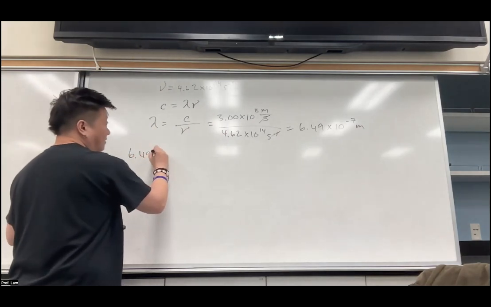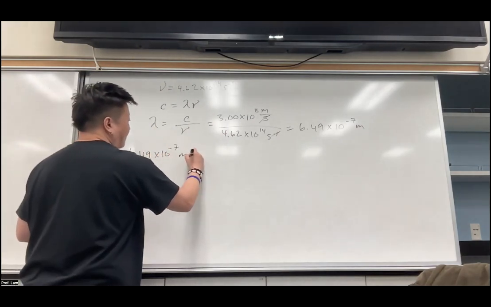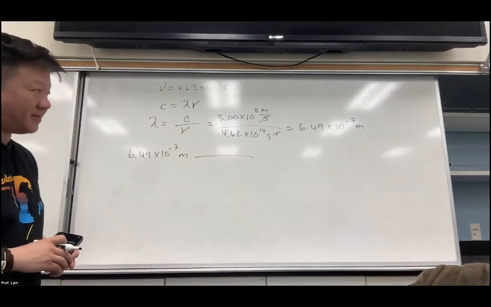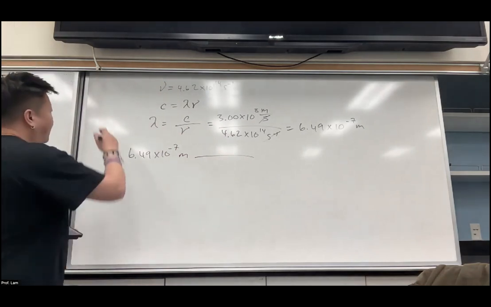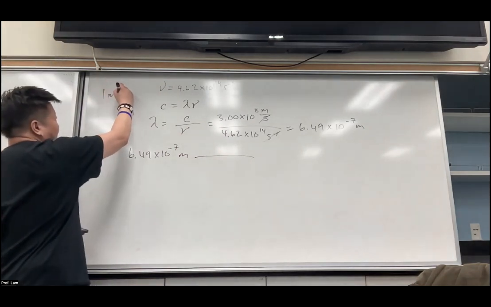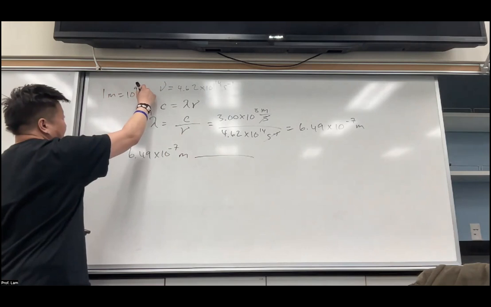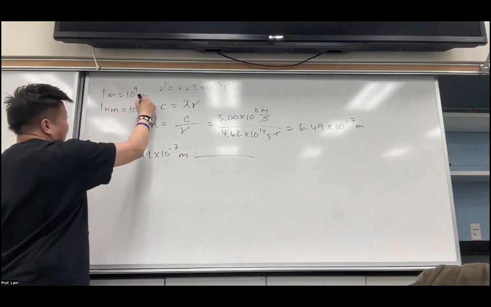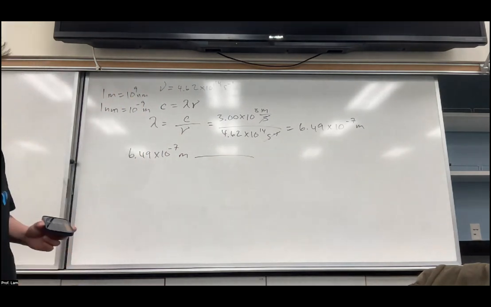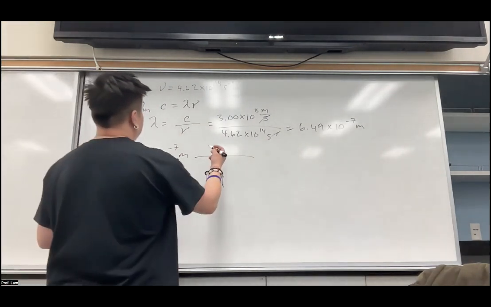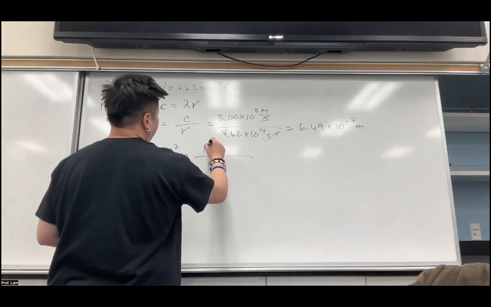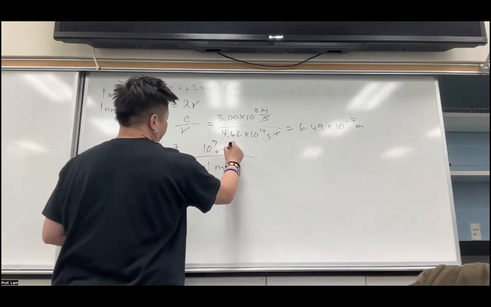So now you guys remember your prefixes. Meters to nanometers: remember, in 1 meter there are 10 to the 9 nanometers, or 1 nanometer is equal to 10 to the minus 9 meters, however you want to remember it. So 1 meter on bottom and 10 to the 9 nanometers on top.